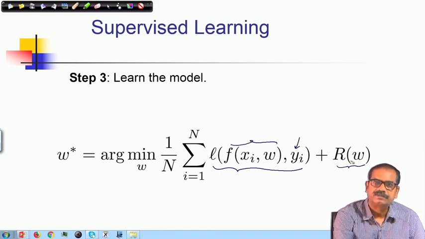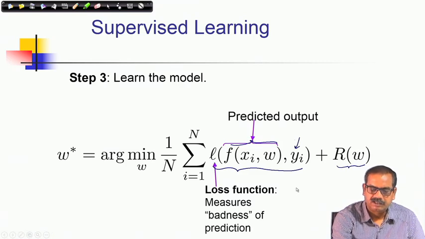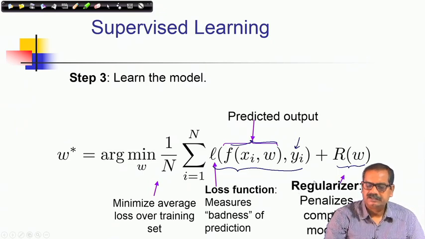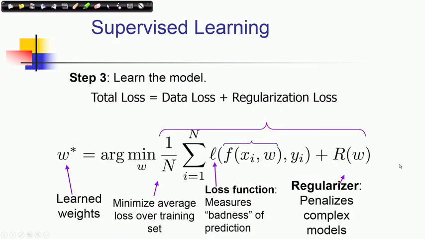We will discuss this part also. So, this is the predicted output and this is the loss function, and we would like to minimize the average loss over the training set. This is called the regularizer, which penalizes complex models, and this is the learned weights. So, total loss can be considered as the data loss and the regularization loss.